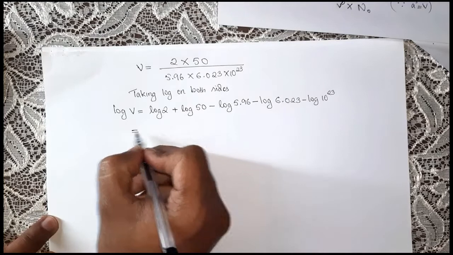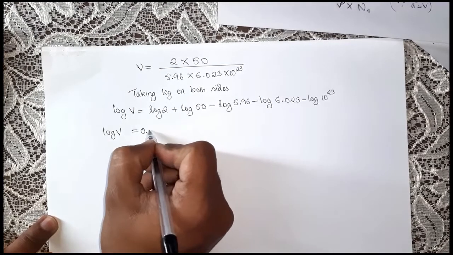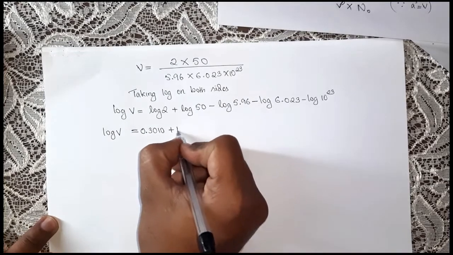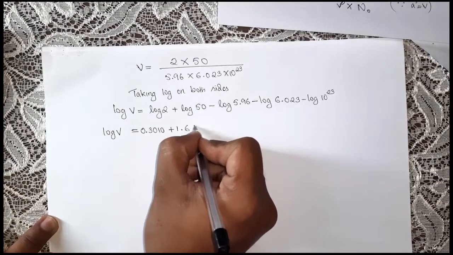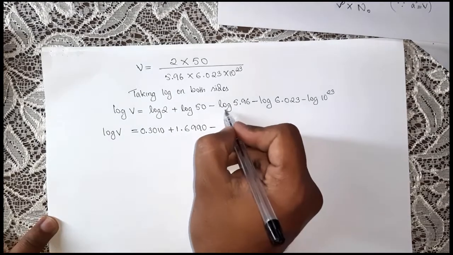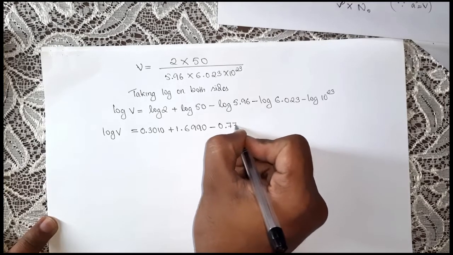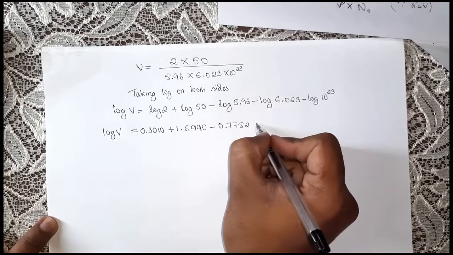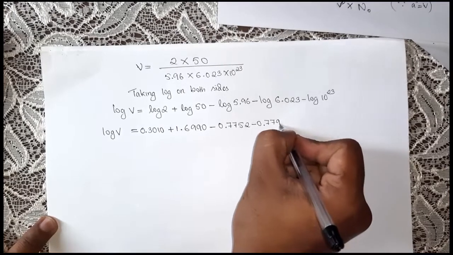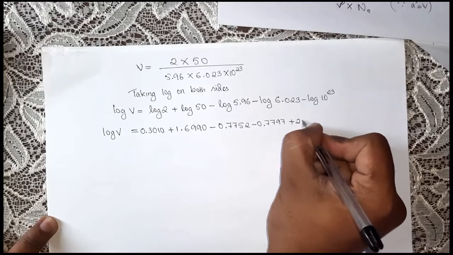So your log 2 will be 0.3010. Your log 50 will be 1.6990. Your log 5.96 will be 0.7752. Log 6.023 is 0.7797, and then log 10 to the power 23 is 23.